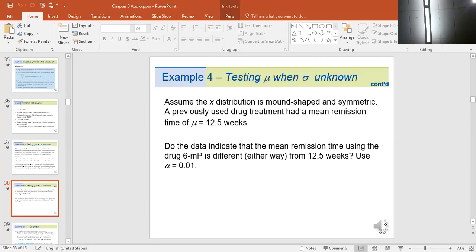Oh, it was different. So this is the claim actually. It was different, right? So the claim is different.